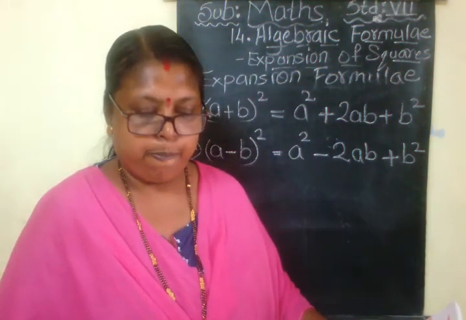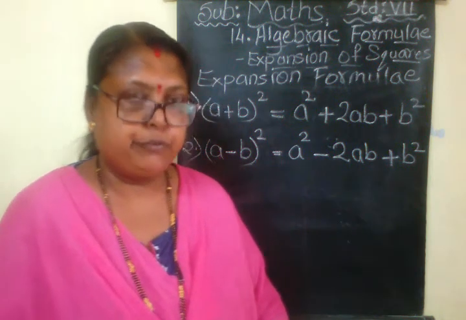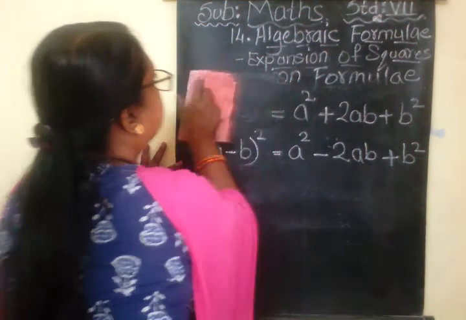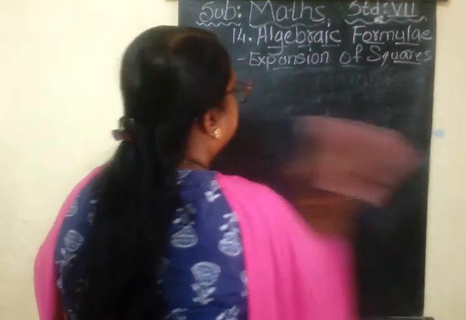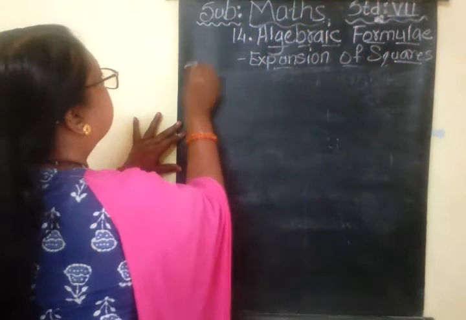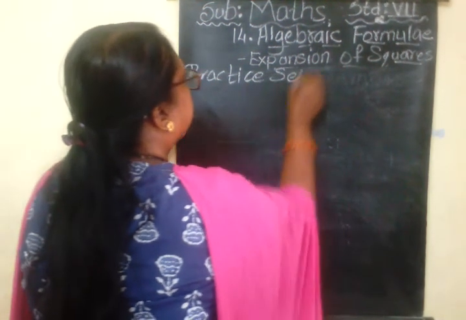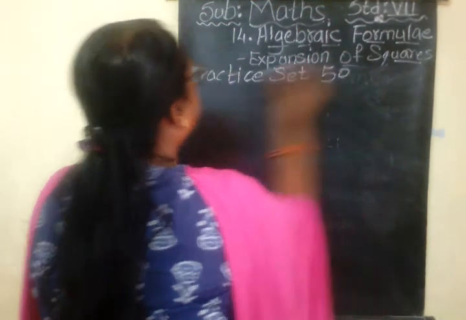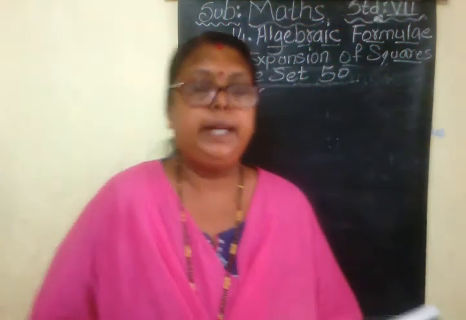Practice set 50. All of you open practice set 50. Okay, in this children there are a total of 8 sums.